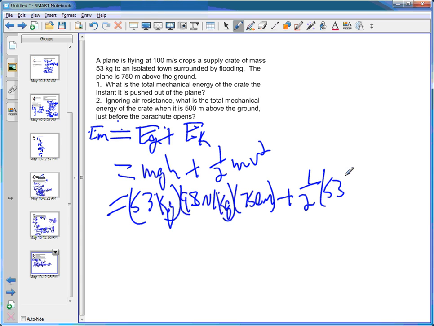Square that. By the way, we'll just say that this is 2 significant figures.